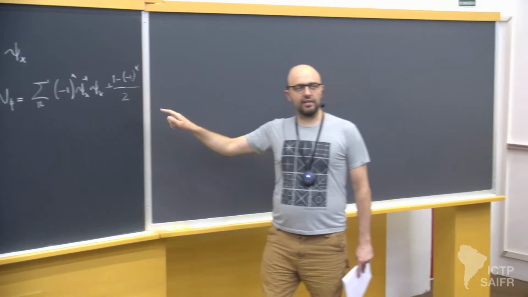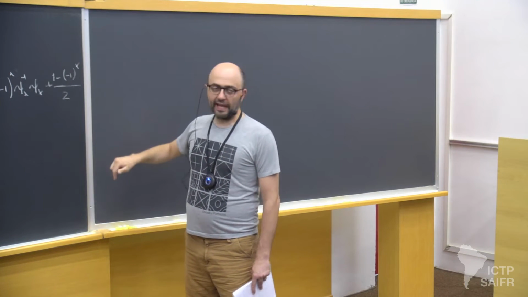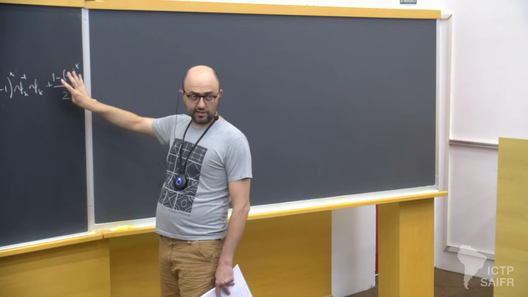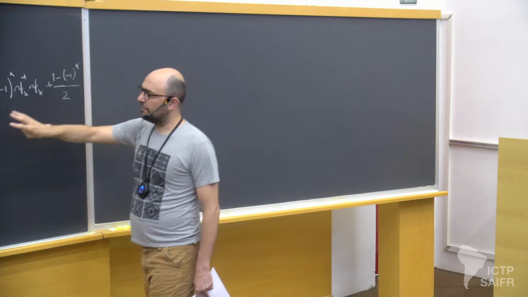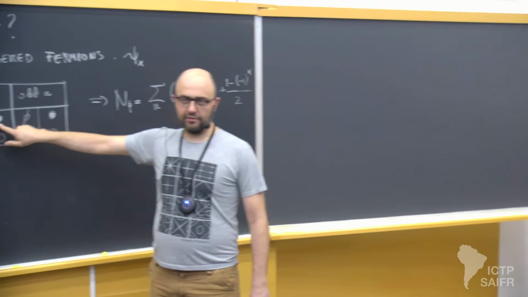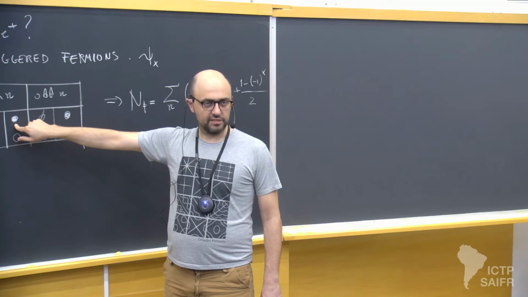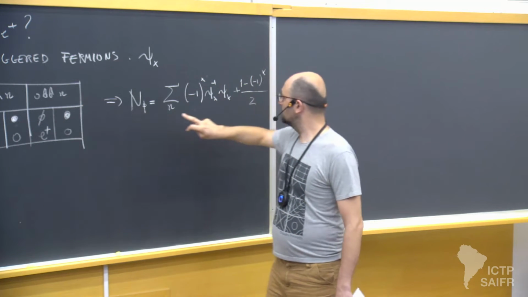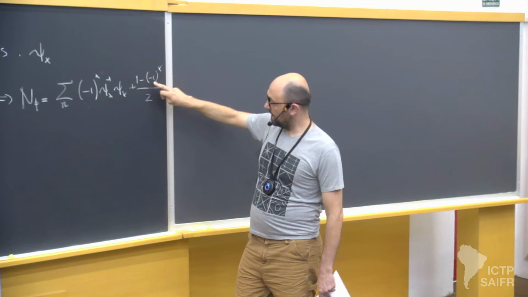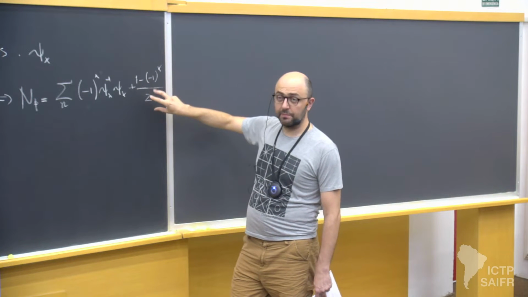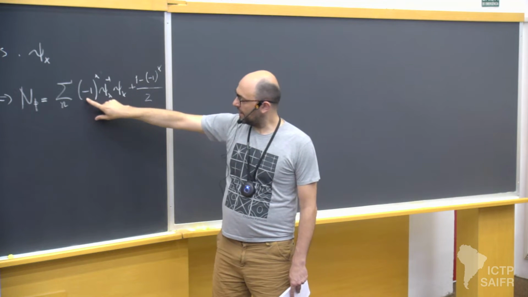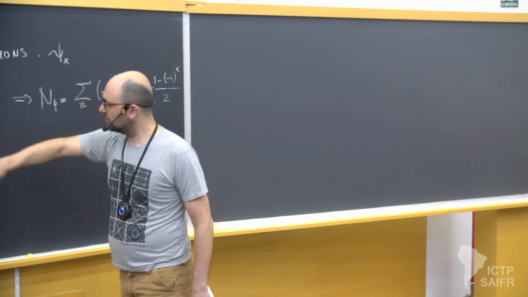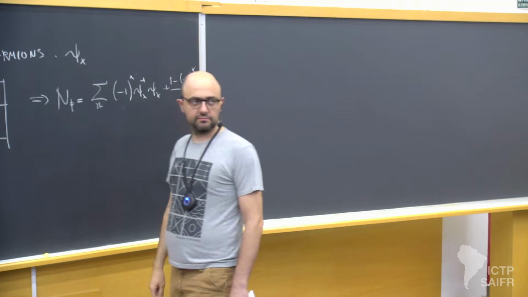Let us check if this makes sense. If x is even, this is plus, this is 0. So having a particle is equivalent to having a full site. Instead, if x is odd, this is -1. So this becomes +1 minus this. So if this is equal to 0, then we have a particle. If this is full, we have nothing.